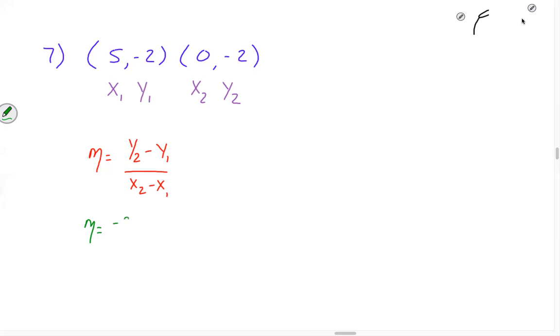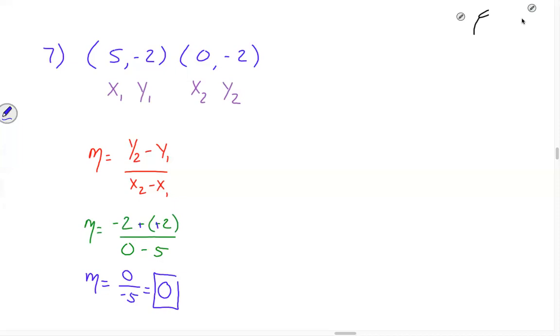So we're going to substitute in negative 2 for y2 and negative 2 for y1 over 0 minus 5. Delaney, what's my last step? Solve. Yes, solve and simplify. So 2 negatives make a positive, so negative 2 plus 2 is 0. 0 minus 5 is negative 5, so we have our slope is 0.